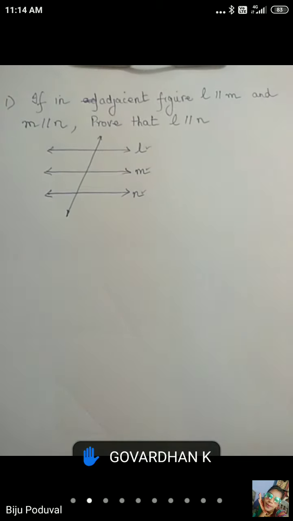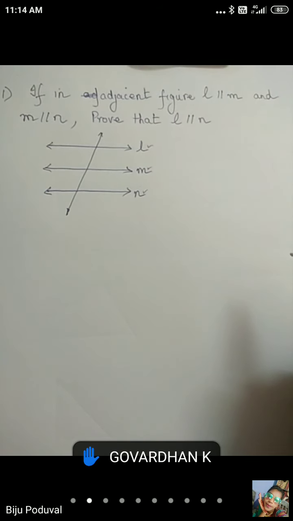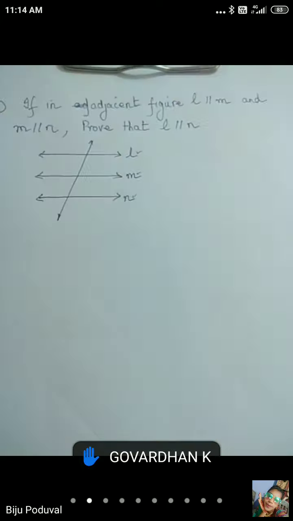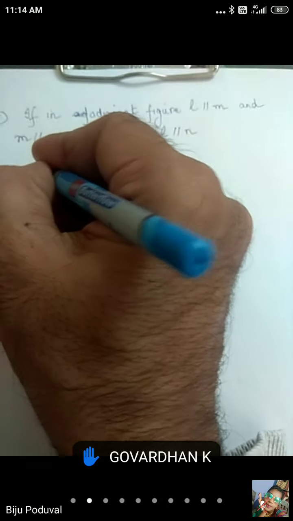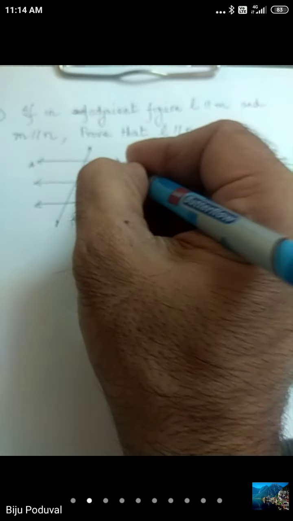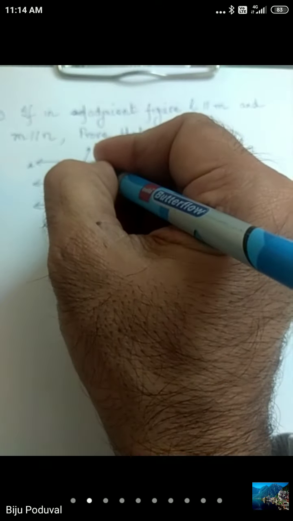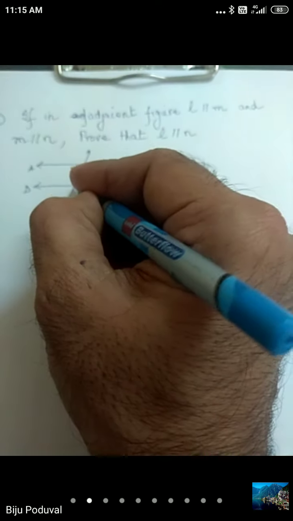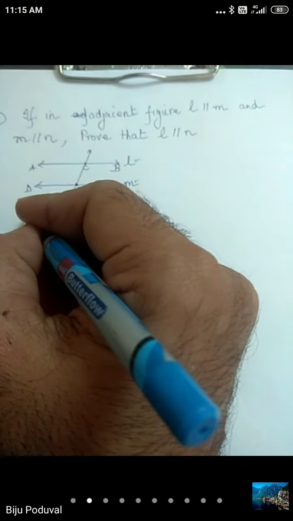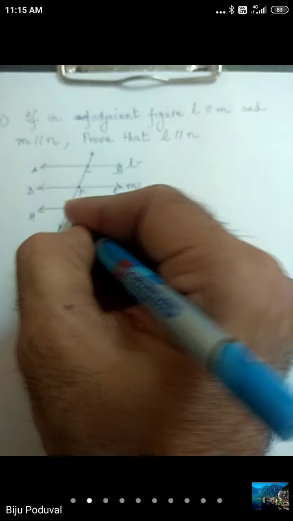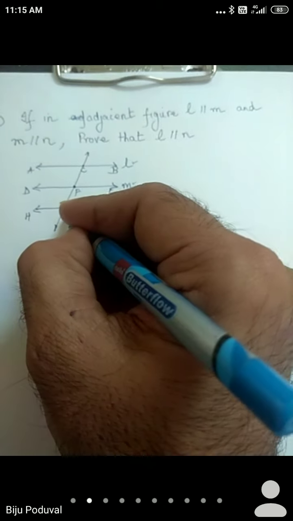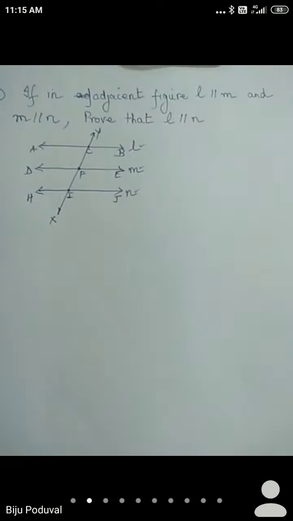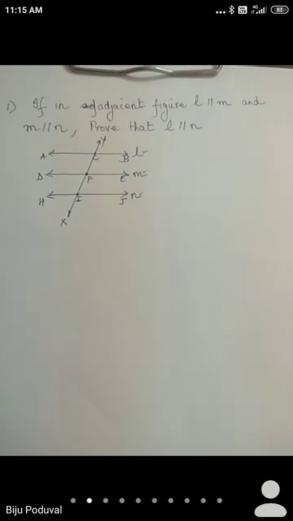Before that, I should be able to mark. So the best thing is to start labeling A, B, C, D, E, F, H, I, J. Okay, and let me draw the transversal.